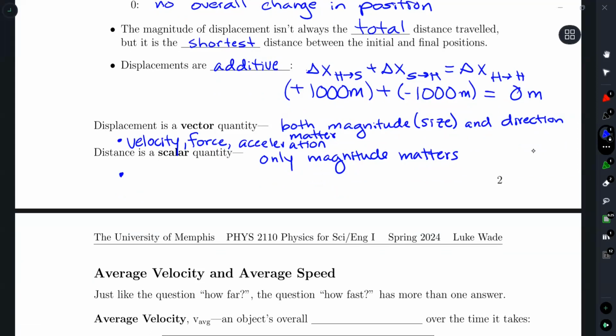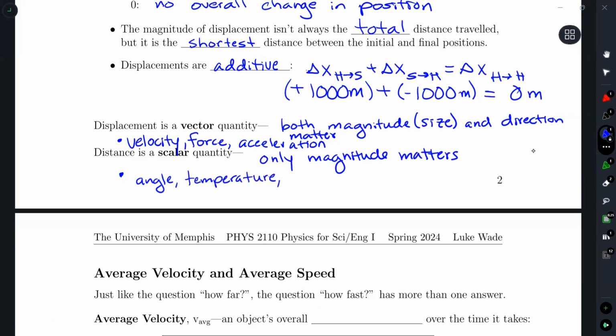Degrees. Yeah, degrees. So angle is the quantity. Really anything that you just look at a number on a dial or a number on a meter, and that's all you need. So temperature, even though it can have positive and negative values, that's not with reference to a direction.